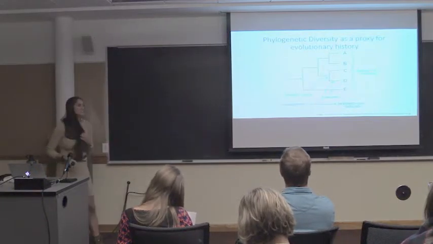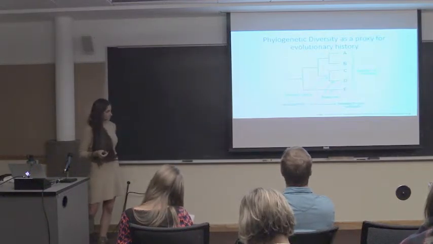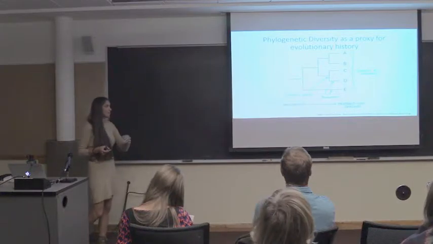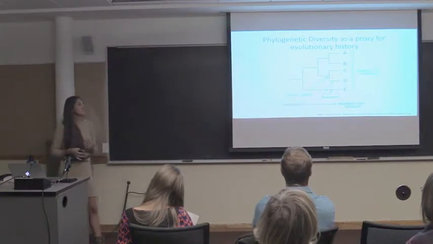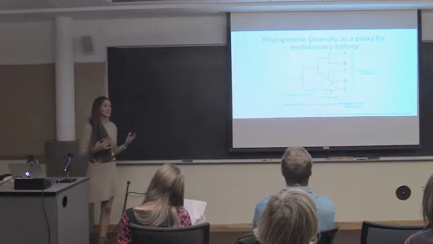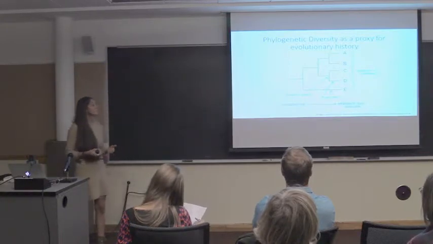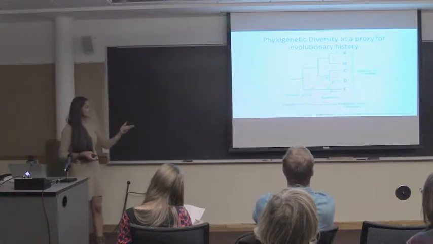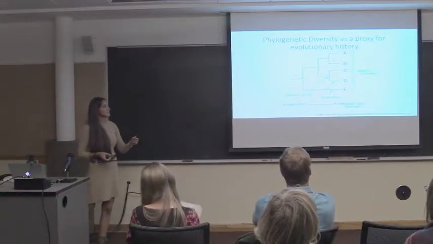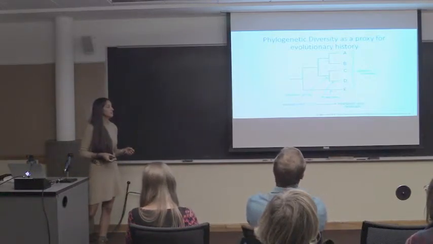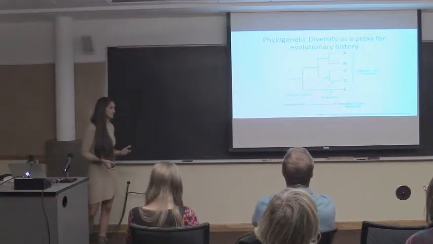So to envision this phylogenetic diversity, this is a phylogenetic tree, and it represents the evolutionary relationships among a group of species. And we can see A through E is our group of species, and the horizontal lines in this diagram depict evolutionary time. They're called branches.